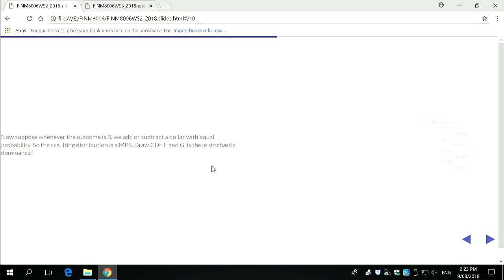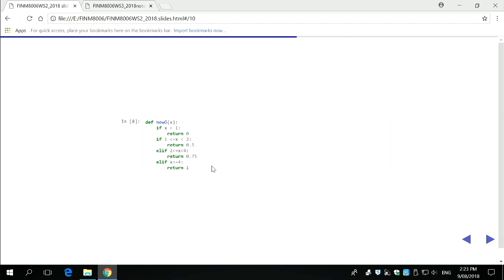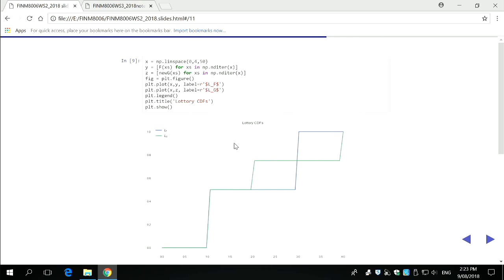Well, what I can do is just plot this new CDF. This is the new G, so new G is either 1 or 2 or 4, with probability as before. Now if I just plot these two functions, it's very obvious the CDF of F is underneath the CDF of G initially. Then you have a single crossing.